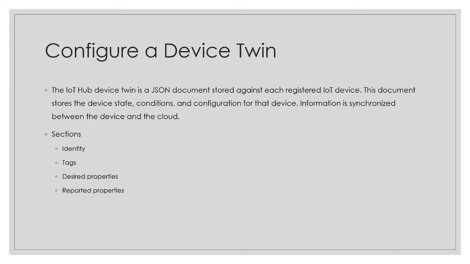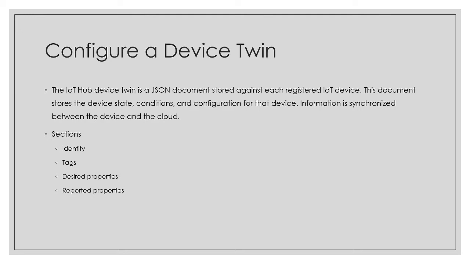Let us say the device is offline. Even then, when we update any of the properties on the device twin at the Azure IoT hub portal level, once the device is online, it will get those values. Similarly, whatever properties are updated by the device on the device twin level will be synchronized on the cloud level at Azure IoT Hub.